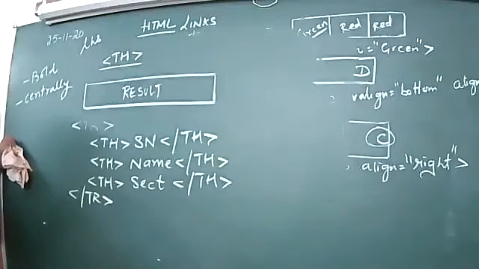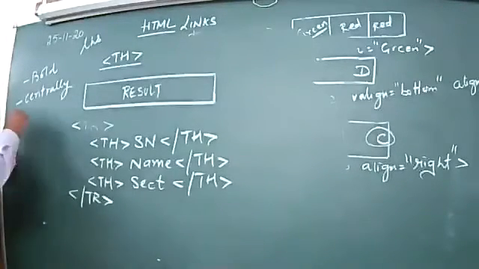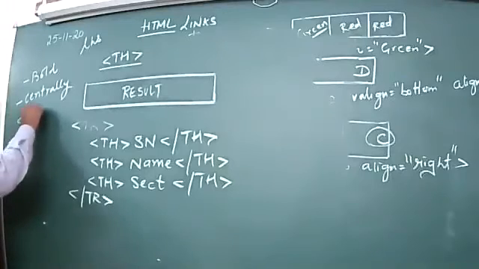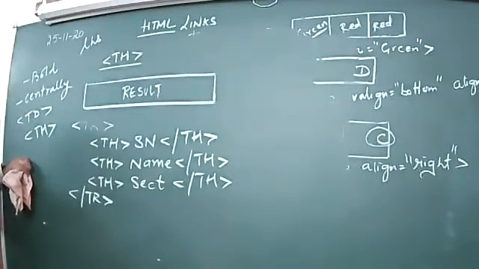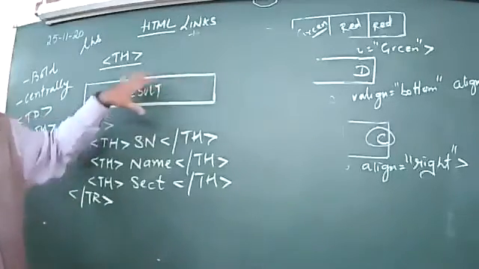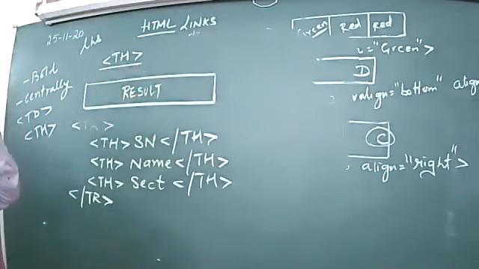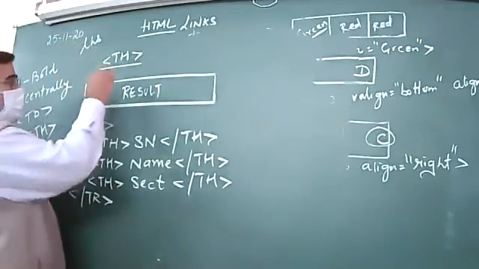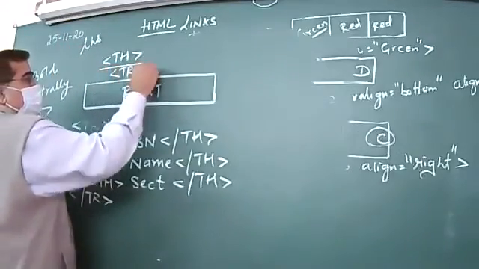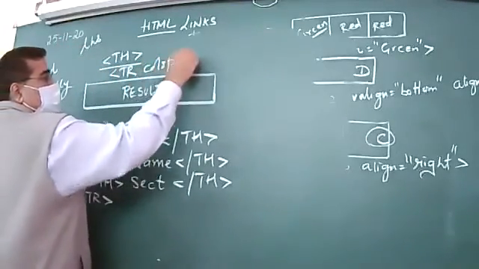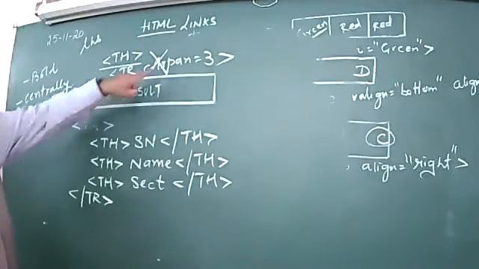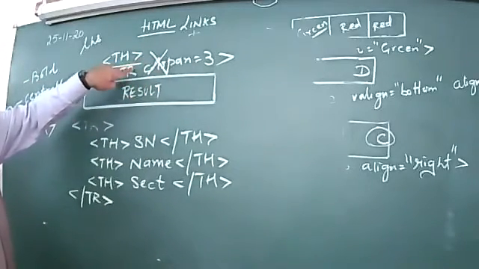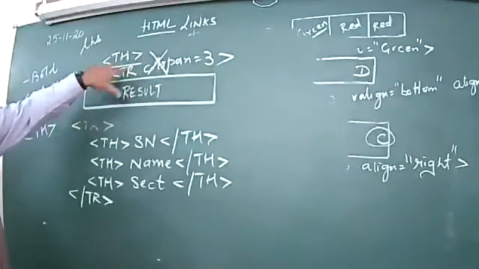Col span and row span are only and only attributes in TD and TH. They are not available in the TR tag. Now here the entire row is having the col span feature. So what you are going to do, you will do like this. This is totally incorrect. Col span is not an attribute of the TR tag.